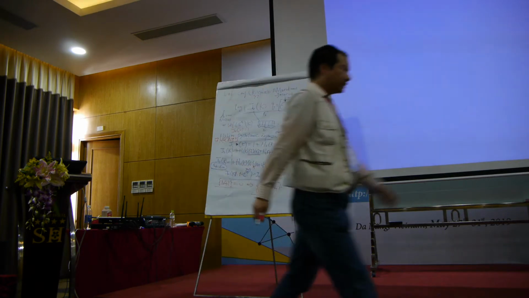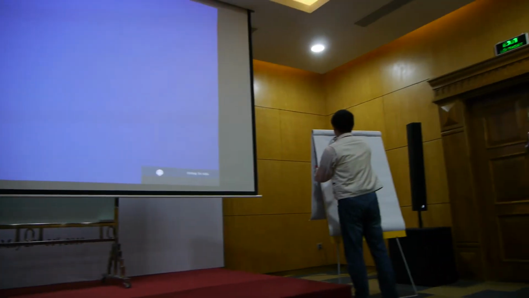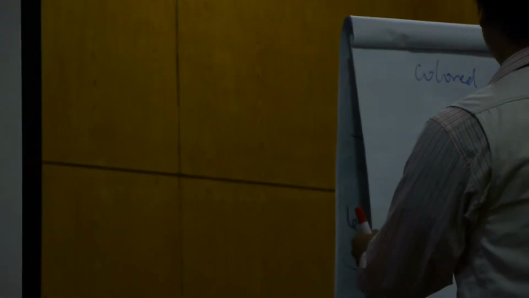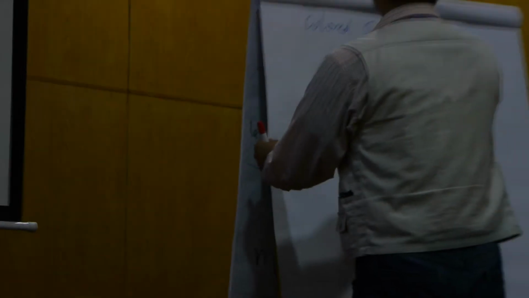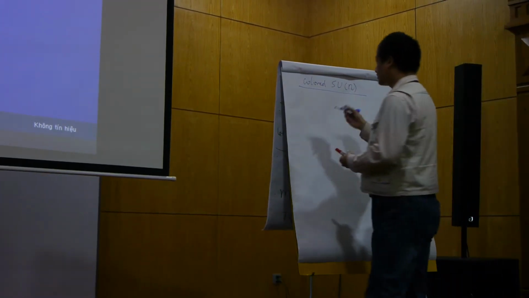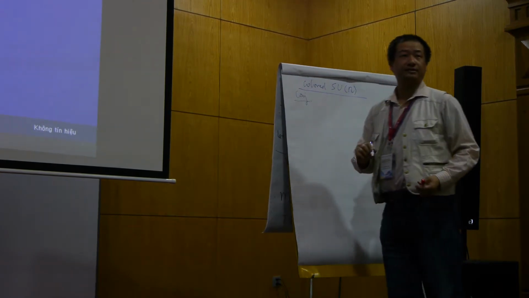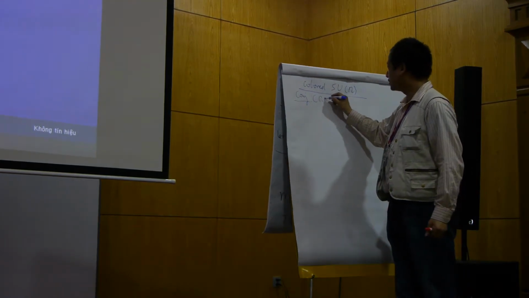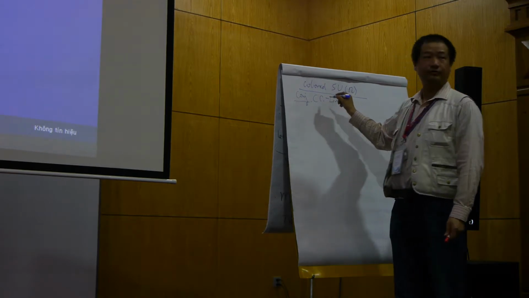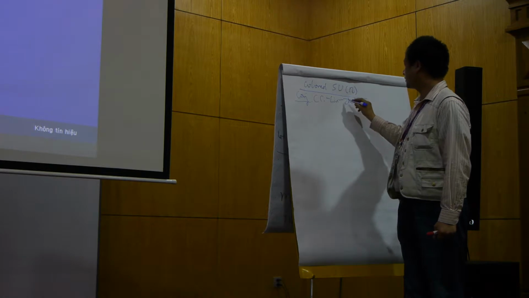So now I'd like to introduce the colored SUN invariant. So we propose some conjecture. This is not proved yet. There's some conjecture with Qifeng Liu, he's a professor at UCLA, and his former student Shen Maozhu.